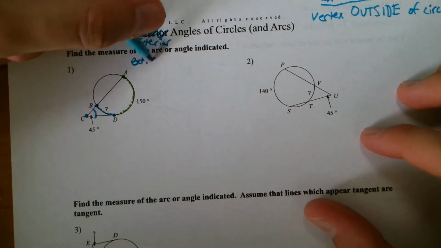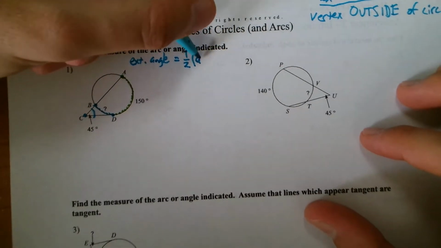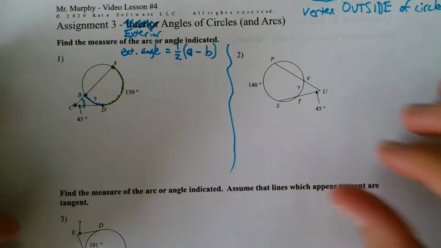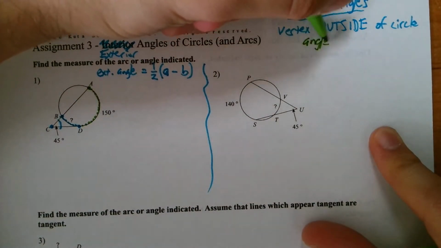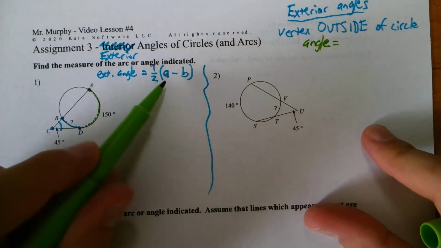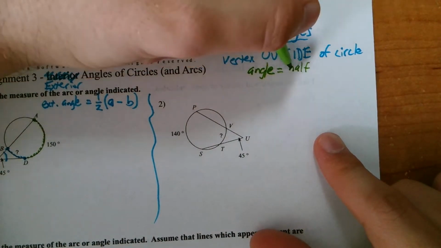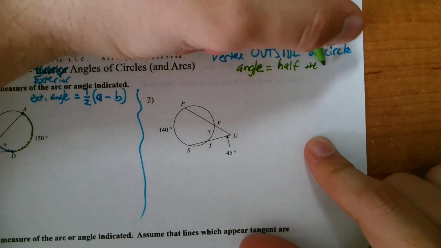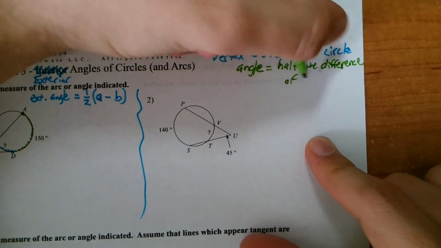Exterior angle equals 1/2 of A minus B. So, exterior angle equals 1/2 of A minus B. In other words, the angle equals half the difference of the two arcs. So I'm going to put angle equals half the difference of arcs.